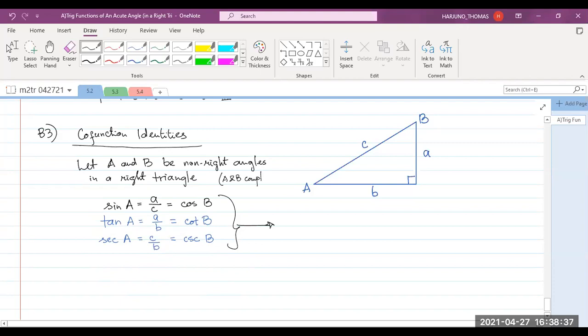They add up to 90 degrees. Then from there we see that sine A equals cosine B. Tangent A equals cotangent B. Secant A equals cosecant B.